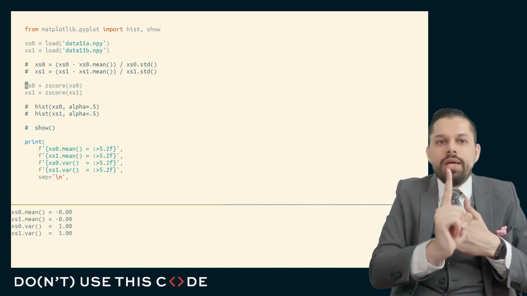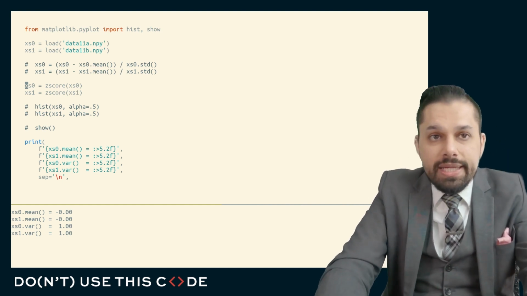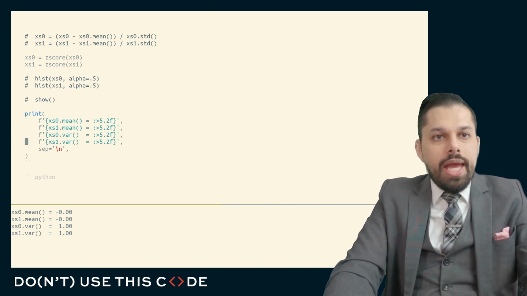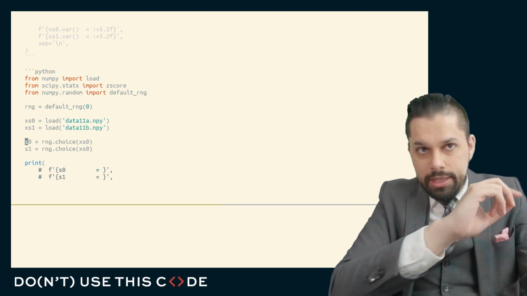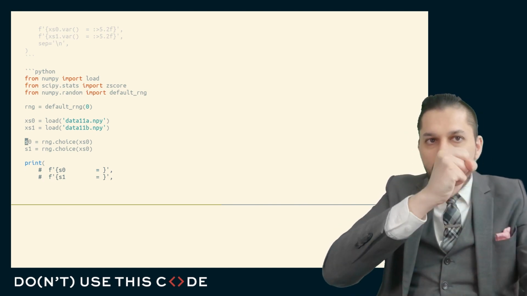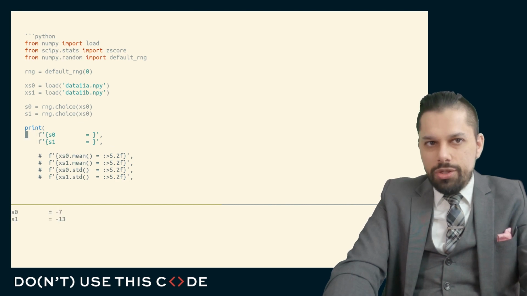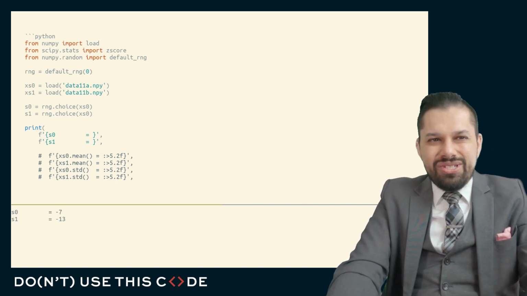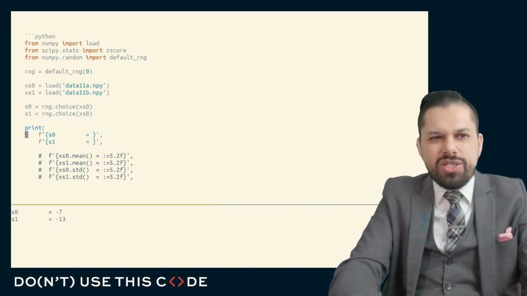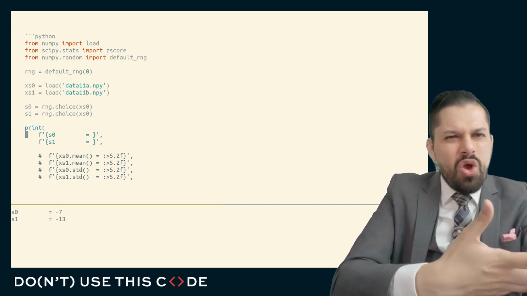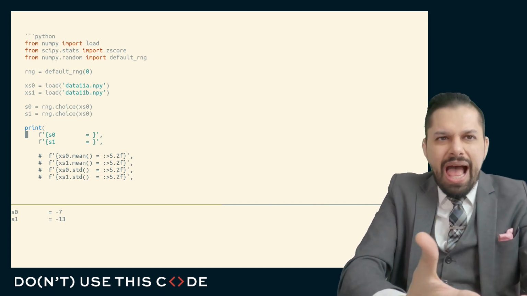I can turn their means all into 0 and their variances all into 1, and all that's left is details about this distribution. So if I had these two data sets, and I were to select one possible value from each and compare them, -7 from one data set versus -13 from another, which is better, which is closer to the mean, which is above the mean, which is more of an outlier?